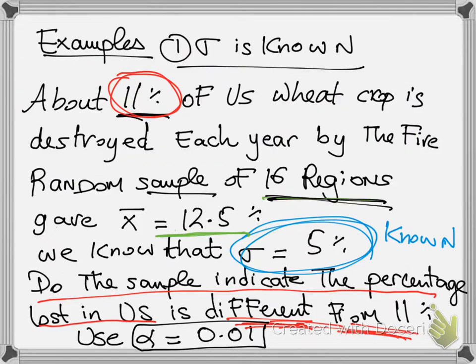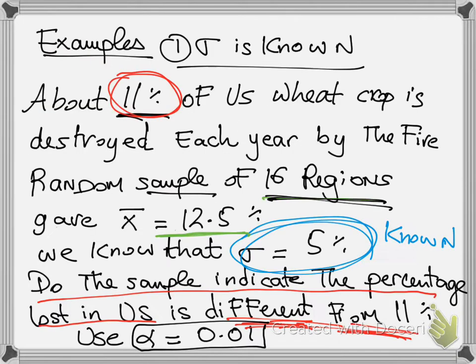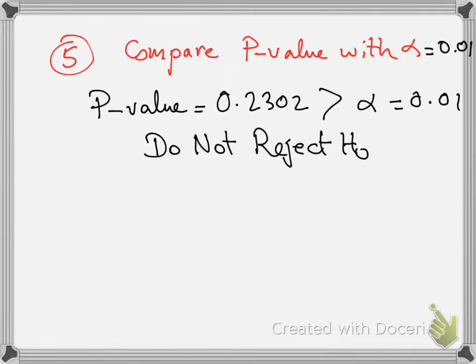We said if the p-value is larger than alpha, then we do not reject H0. So what will be the interpretation here?